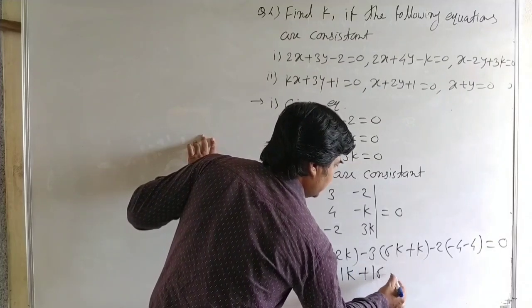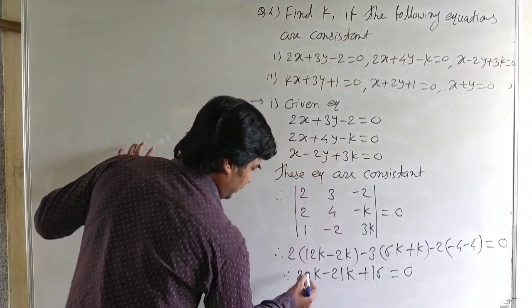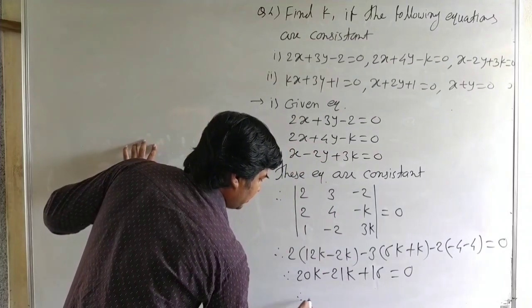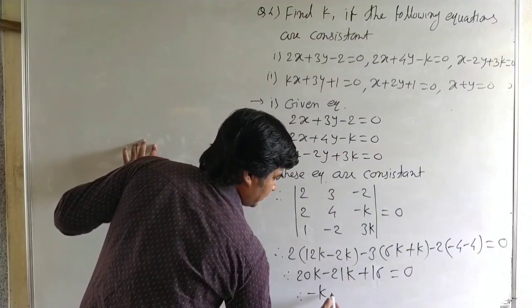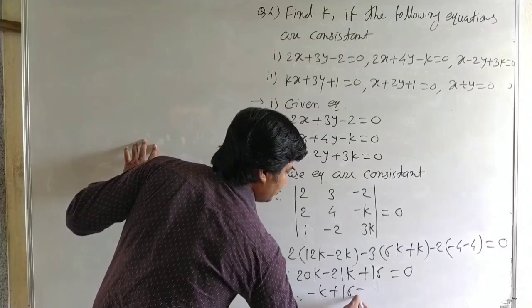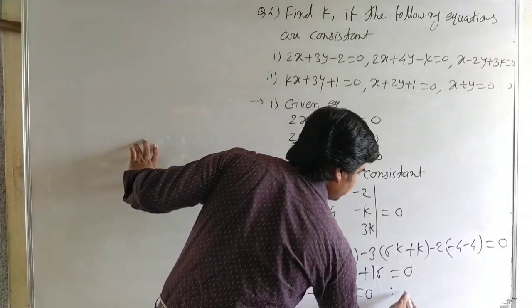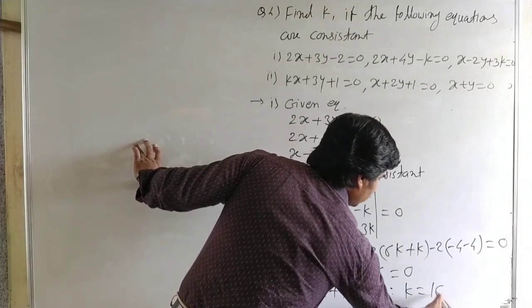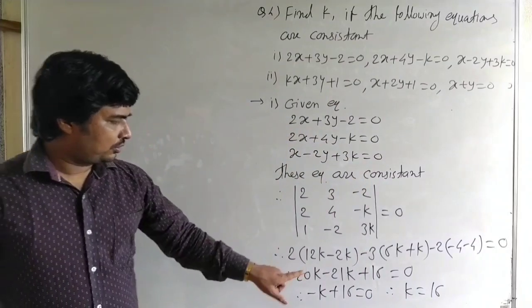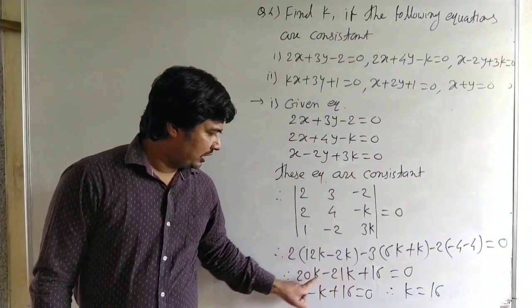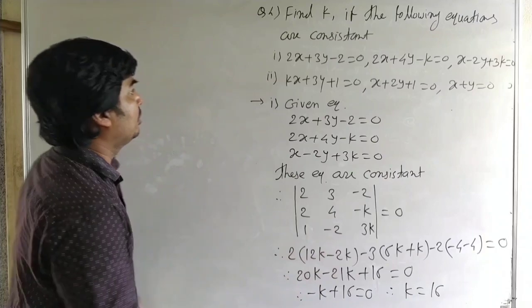Plus 16 is equal to 0, and therefore 20k minus 21k is minus k plus 16 is equal to 0, and therefore k is equal to 16. It is the answer of the first question. Now we see the second.